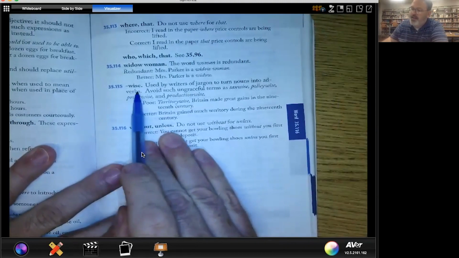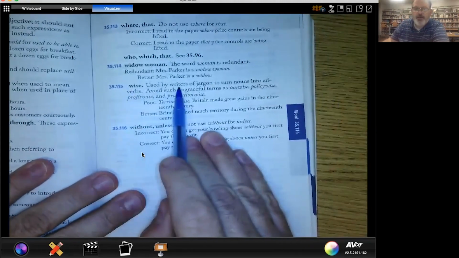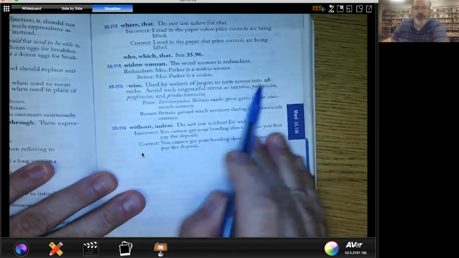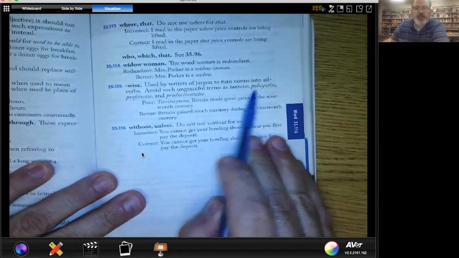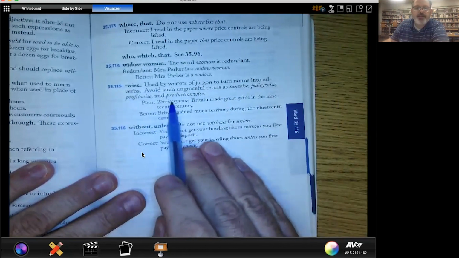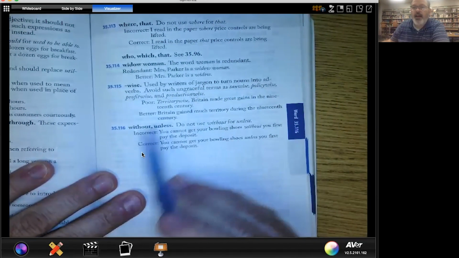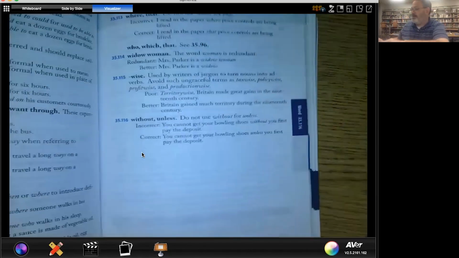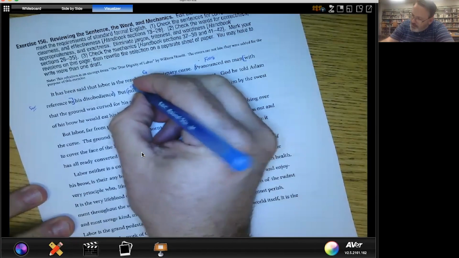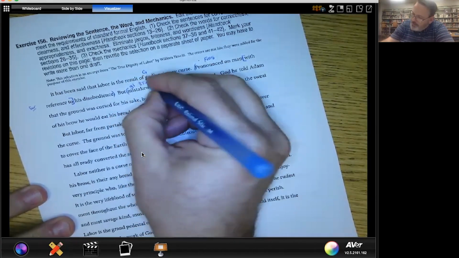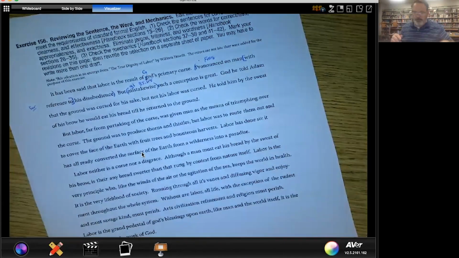It's 115. The addition of wise, used by writers of jargon to turn nouns into adverbs. Avoid such ungraceful terms as tax-wise, policy-wise, profit-wise, production-wise, and mistake-wise would be a use of that dash wise. So let's call it a GL, and then it's on 35.115. Okay. I'm going to correct the teacher book.